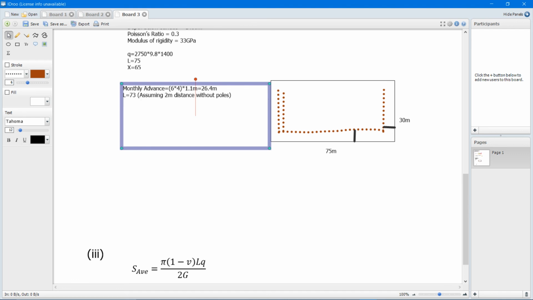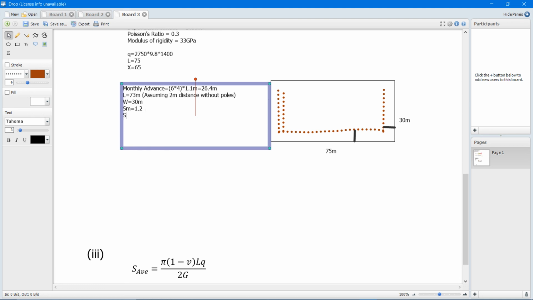The width was 30, right? So let's just label that W, 30 meters. And then the stoping height, usually called SM, is equal to 1.2.